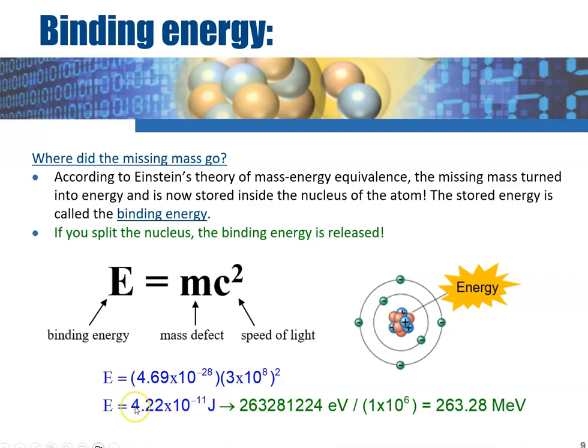I'm going to go into my calculator unit converter, go to the energy menu, put in the joules, and convert to electron volts. Then I'll divide by 1 times 10 to the 6th, or a million, or move my decimal point over 6 places. And we find out that we get 263.28 mega electron volts of energy from splitting this phosphorus atom.